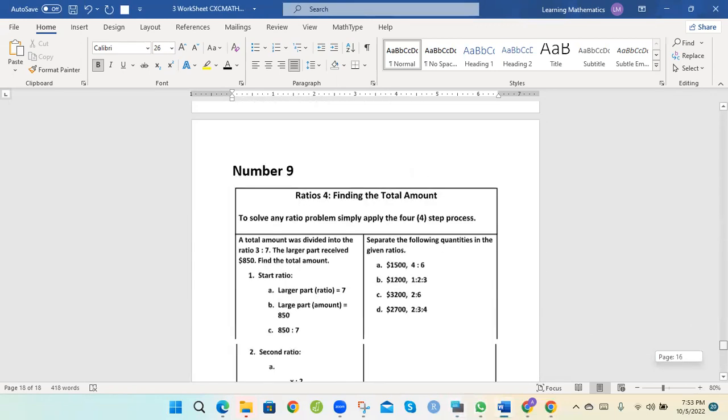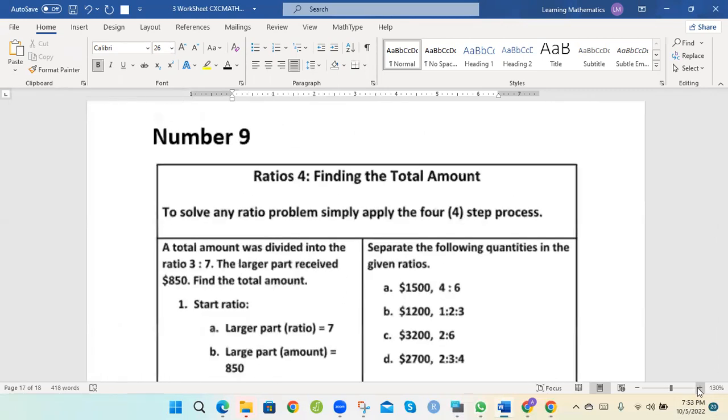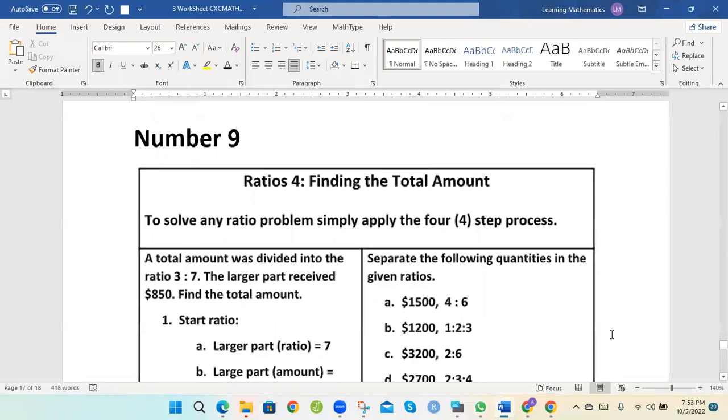When you come here in the question, they tell us the larger part received 850. We do not have the total quantity, but there's a clue. It says the larger part. Can anybody tell me which part is the larger part?